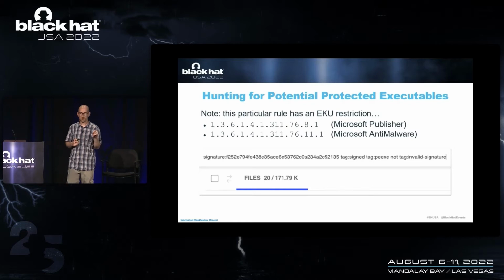But I didn't really want to focus my research on those restrictive EKUs, because I had a sense that there weren't going to be many abusable binaries that match these rules, that have the Microsoft publisher and anti-malware EKUs applied to them. I'm not saying that they don't exist.